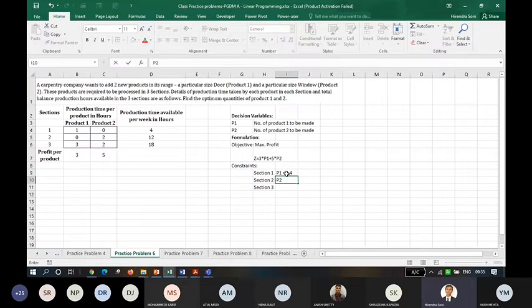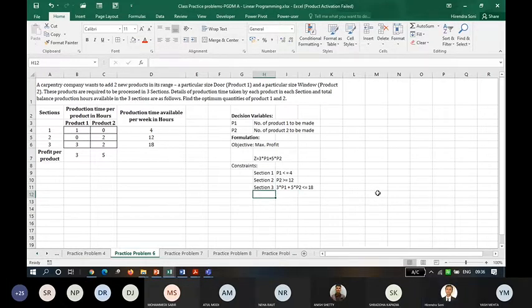P2 should be less than or equal to 12. And section 3, 3 into P1 plus 5 into P2 should be less than or equal to 18. Correct?